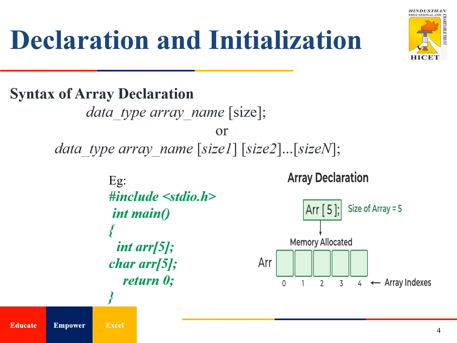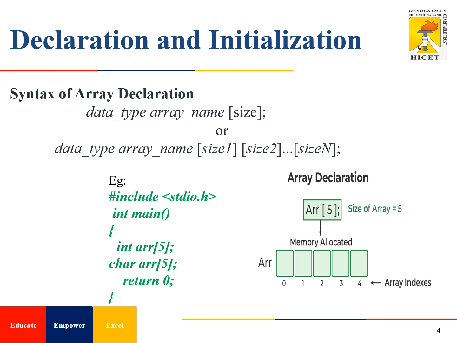The size of the array is 5. The second array is in character data type, and its name is also ARR. Maybe it might cause conflict, so you can change the array name also. Its size is also 5, and I'm just returning a value. That's all. I'm just declaring some arrays here.